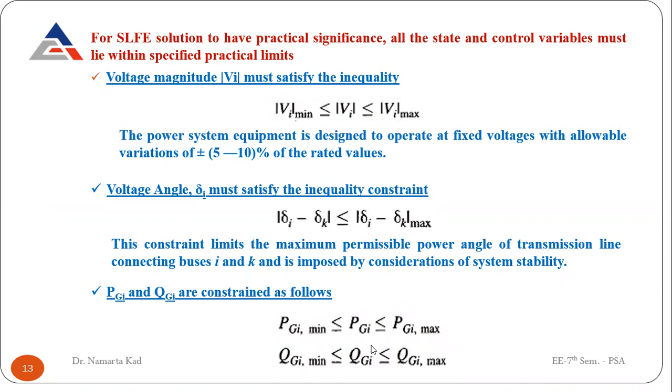So the voltage magnitude Vi must satisfy the inequality constraint, that this Vi magnitude must lie within its minimum and maximum value. This must be taken care of while solving the equations. The power system equipment is designed to operate at fixed voltages with allowable variation of plus or minus 5 to 10% of the rated values.